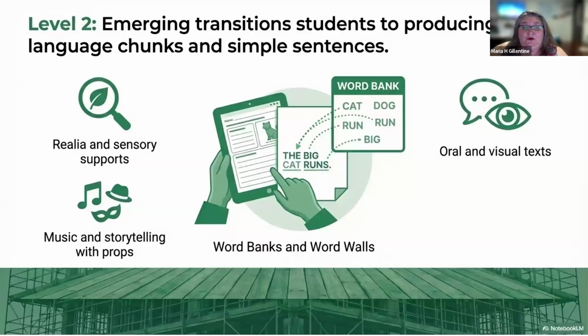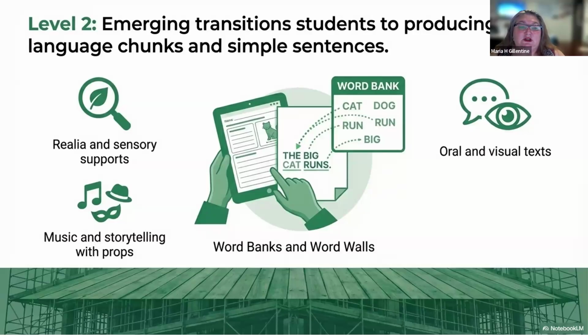So at level 2, the emerging level, students begin producing phrases, language chunks, and simple sentences. So instruction should provide opportunities for students to practice language in supported ways. Effective supports include word banks, word walls, realia, and sensory supports, oral and visual texts, music, storytelling, and repeated language experiences.